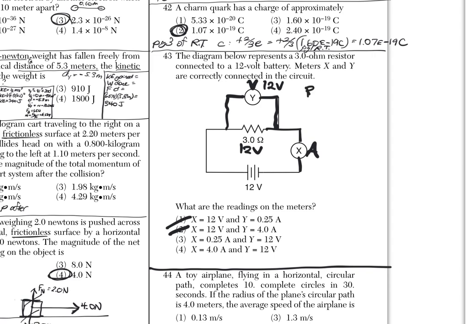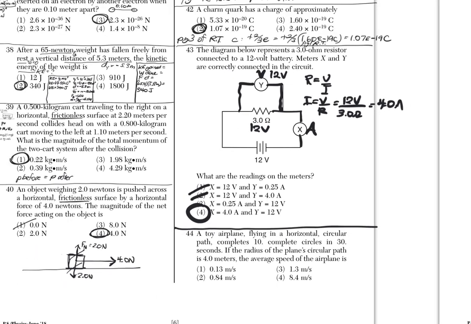Well, if R equals V over I, then I equals V over R. And so that 12 volts over 3 ohms gets me 4 amps worth of current. And so that is 4. There's a bunch going on there. You have to recognize the correct circuit placement, and then you also have to apply Ohm's law. Interesting. So that's 4.